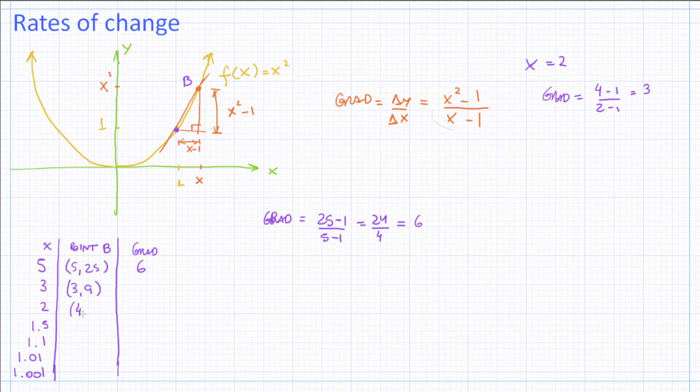So this is 2, 4. This is going to be 1.5 and 2.25.